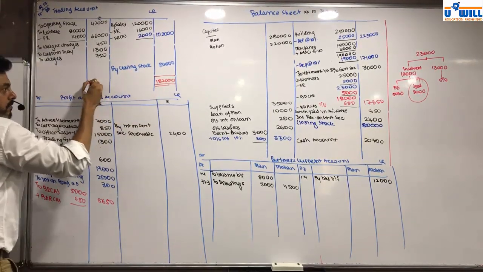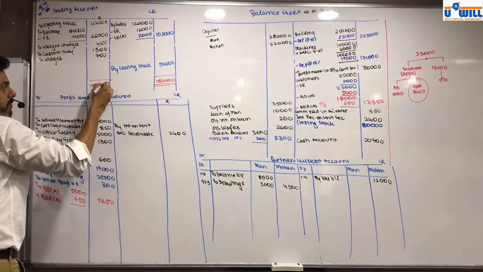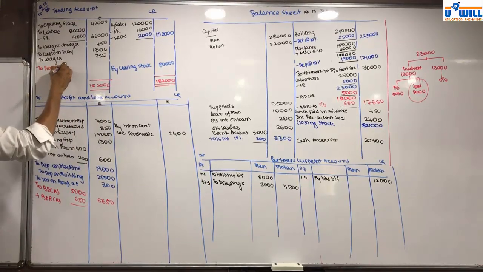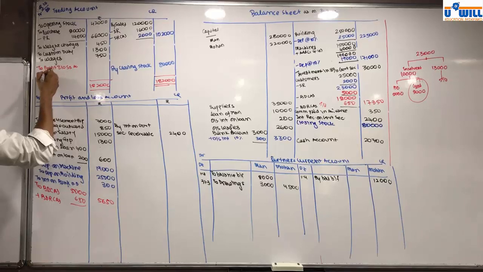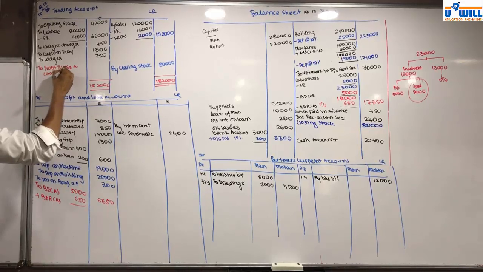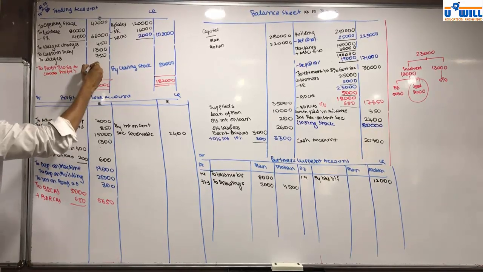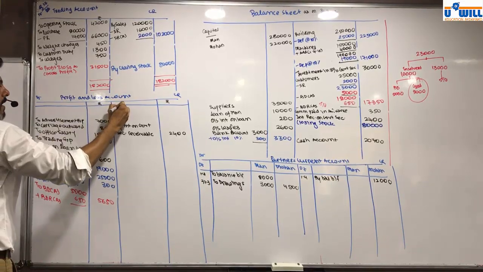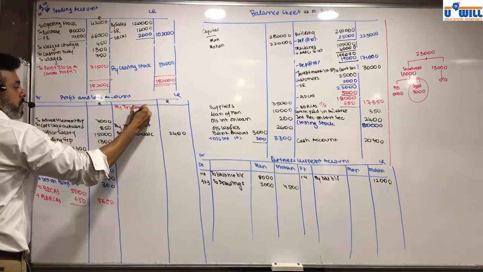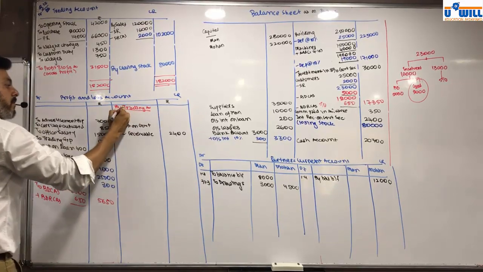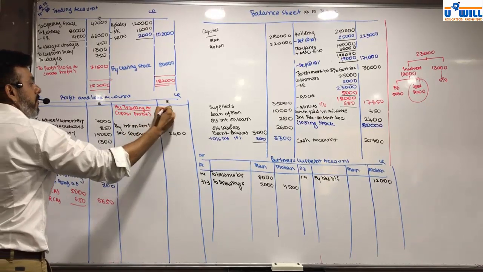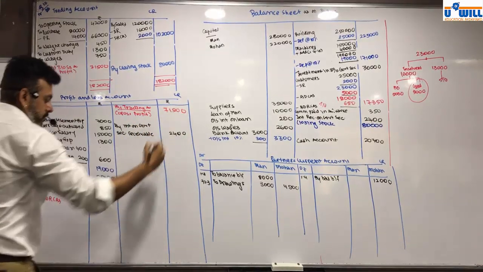1,82,000. 1,82,000 to profit and loss account. Profit and loss account, gross profit. How much? 7,500. Okay, by trading account. Gross profit 71,500.